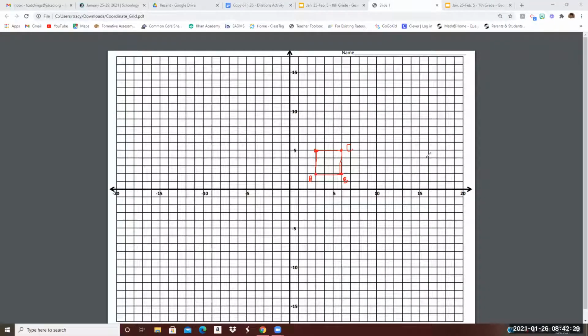2. Good. So looking at those points that they originally gave us, dilate by a scale factor of 2 would mean that we would multiply both of those coordinates, the x and the y, by 2. Point A was at 3, 2. If I multiply both by that scale factor of 2, what would be my new location of A?